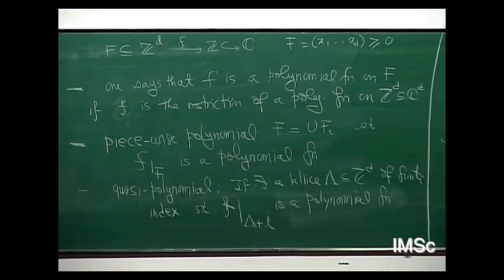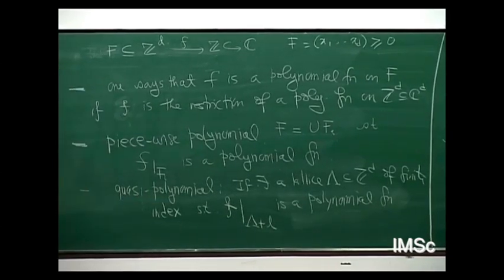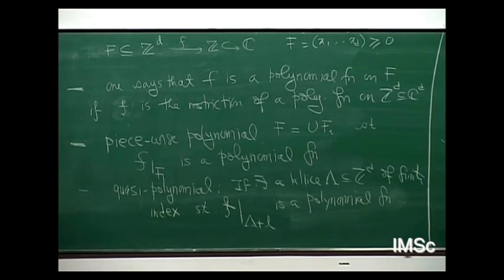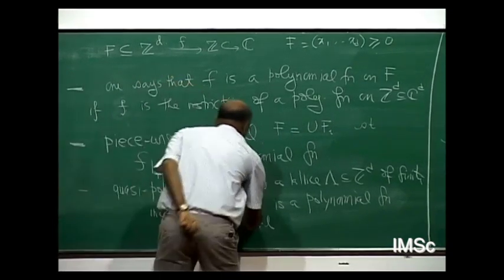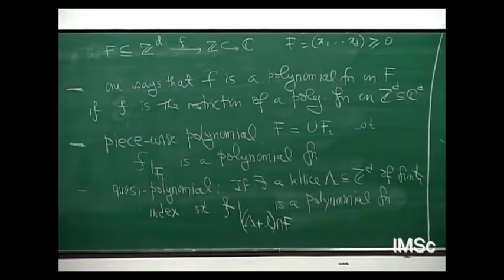So piecewise polynomial, quasi polynomial. F is a function on a subset of Z to the power d always.